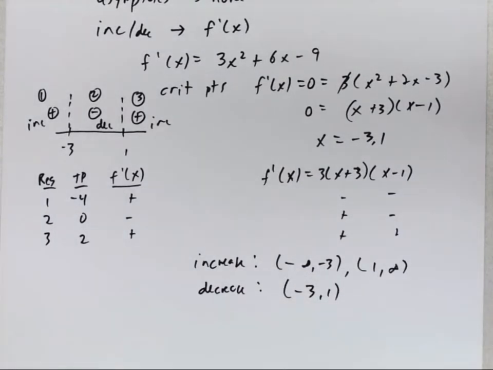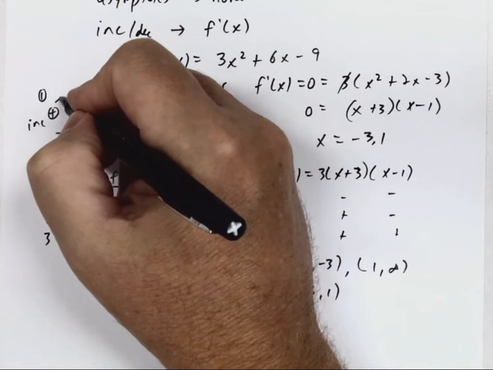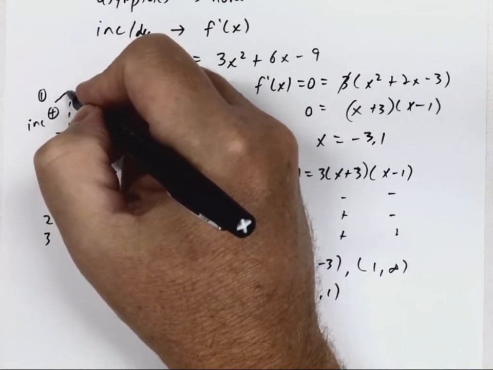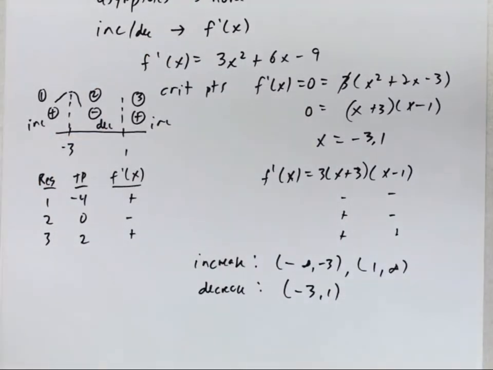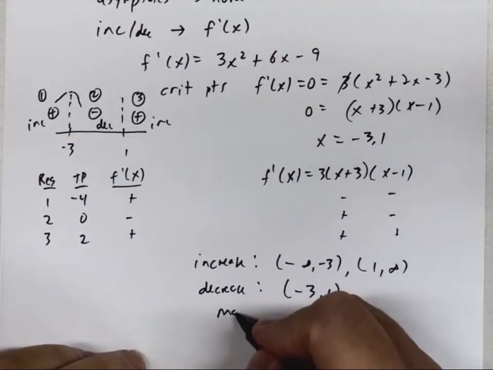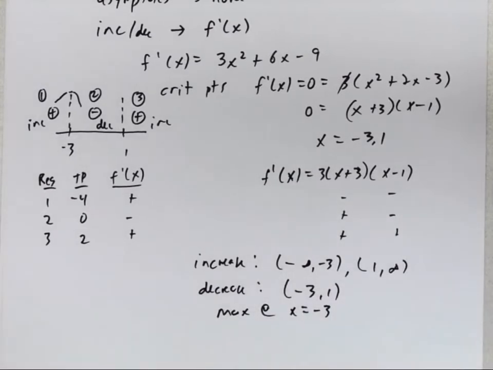Now what's interesting from this chart, I can also determine if I have any relative maximums or minimums. Notice here, slope is increasing, gets to here, goes to 0, then decreasing. Looks like a maximum at x equals -3.